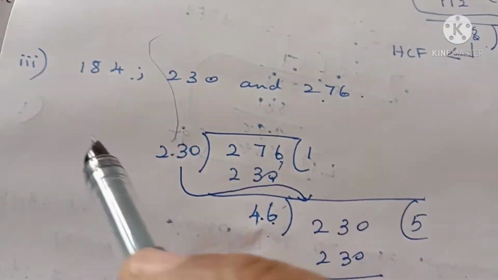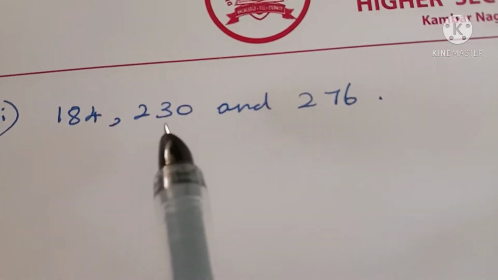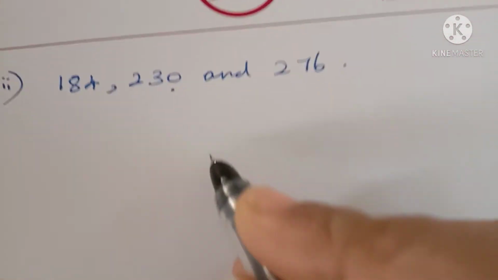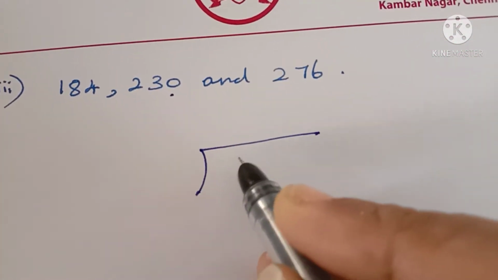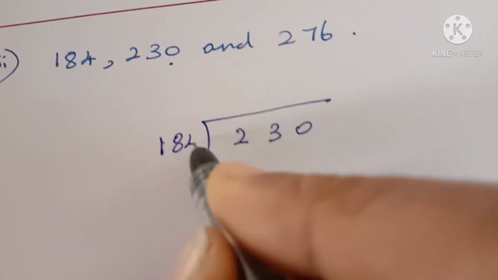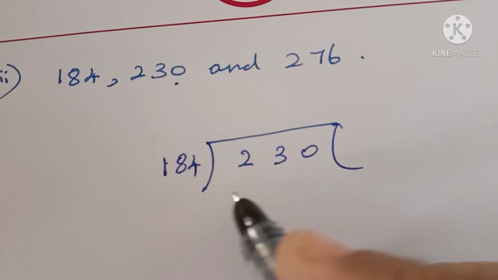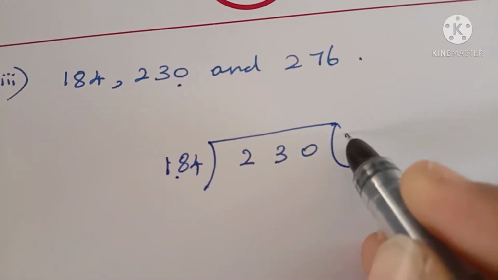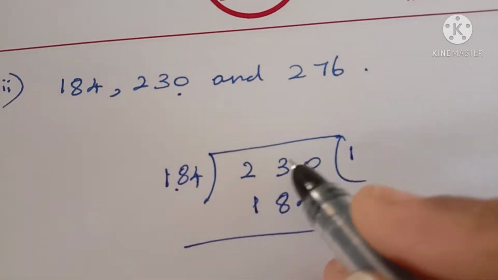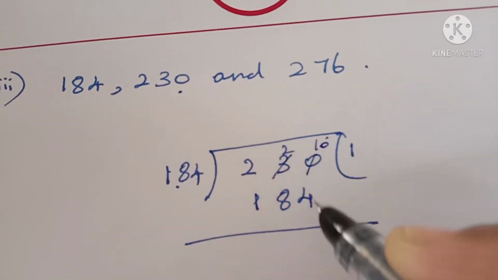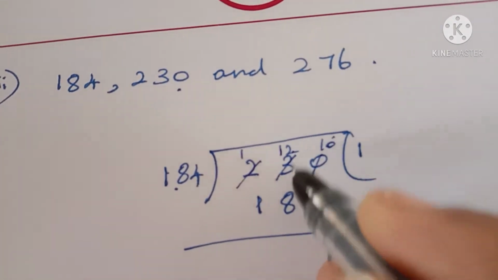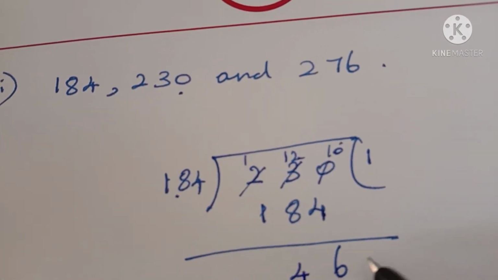Next is the question with 184, 230 and 276. So first take two numbers. 230 is divided by 184. 184 ones are 184. Then 10 minus 4 is 6. 12 minus 8 is 4.